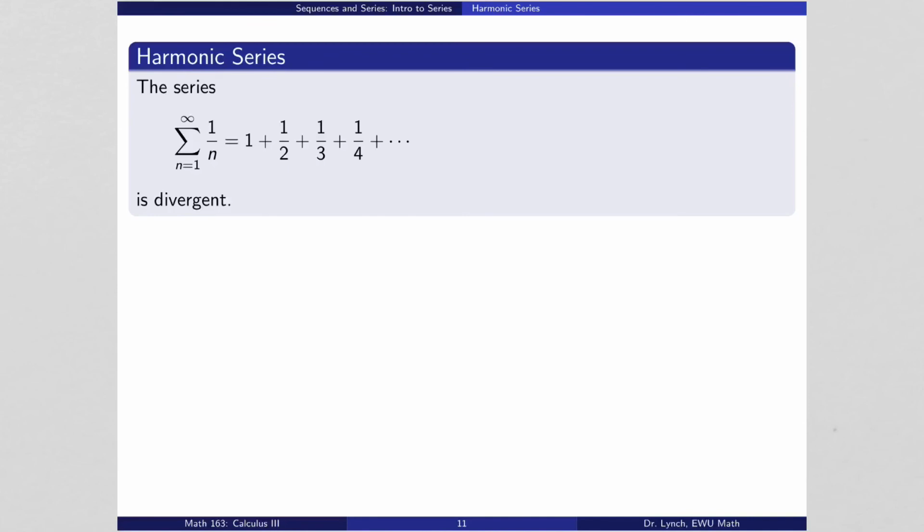To see that this is divergent, we'll go ahead and look at a few partial sums of this series. Here I'll remind you that we'll express the nth partial sum, and I'm changing the index notation a little bit, no big deal, as the sum from k equals 1 to n of 1 over k. So for instance, the second partial sum would be s sub 2.